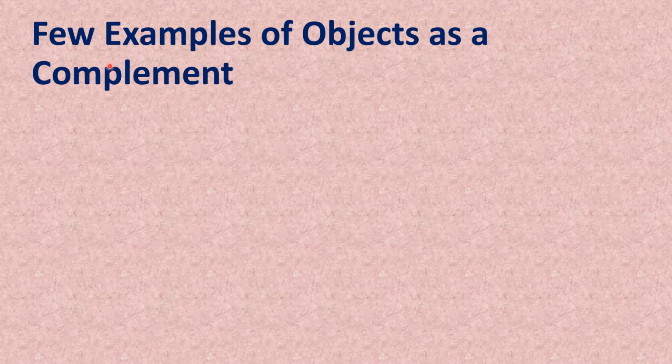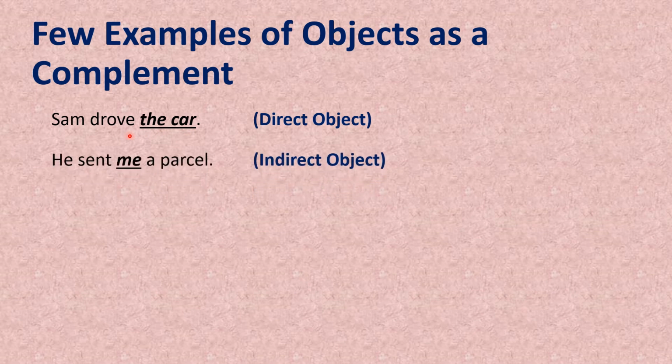Let's move on and talk about few examples of objects as complement. Sam drove the car. The car here is the direct object because it is directly affected by the verb. He sent me the parcel.